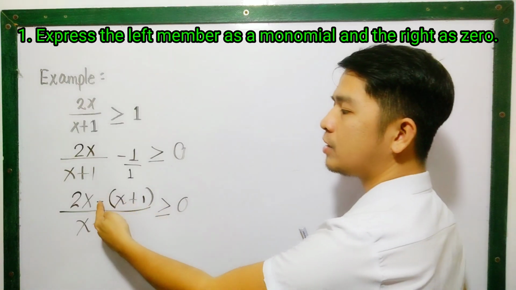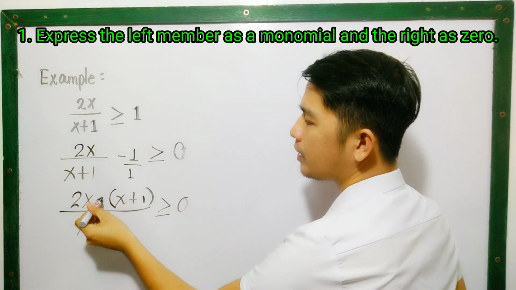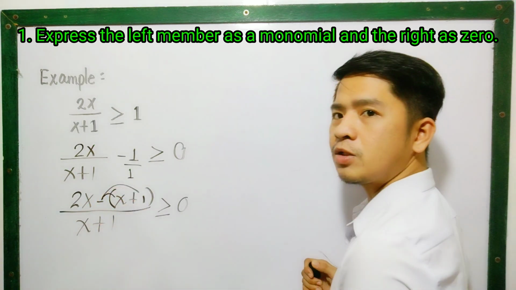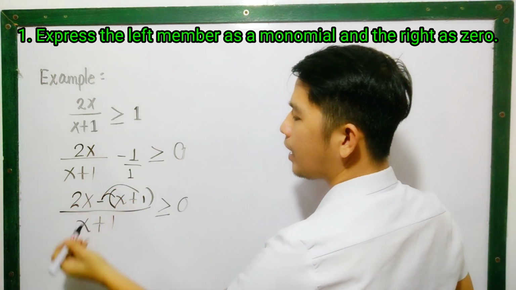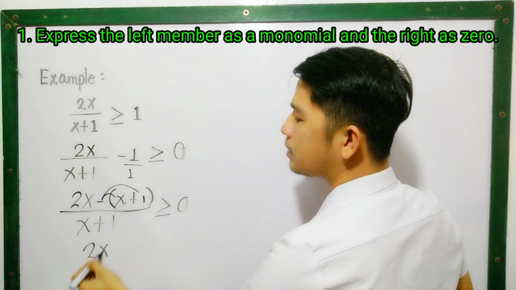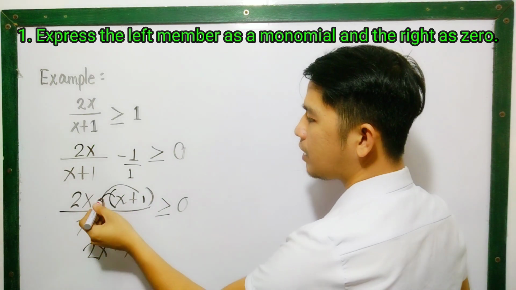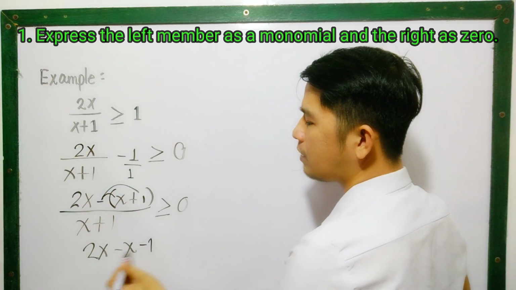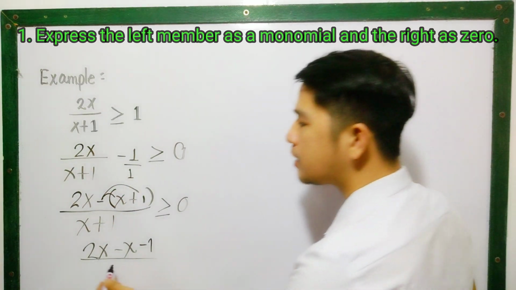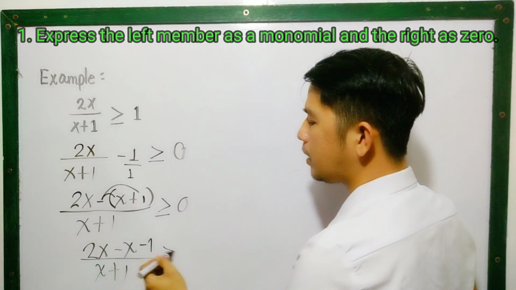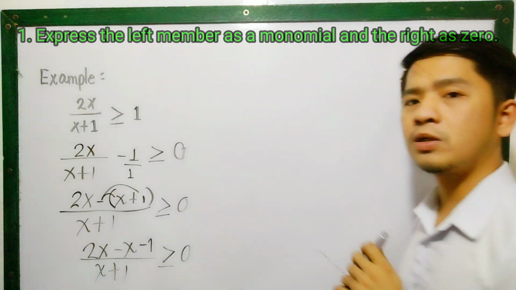So, isimplify lang natin to. Multiply lang natin yan dito. So, ano mangyari? Ayun ay 2x negative x. Negative times positive is negative. Then negative times positive is still negative all over x plus 1 greater or equal to 0.